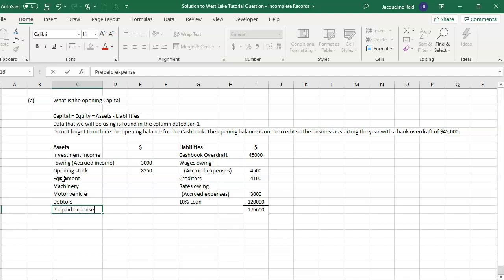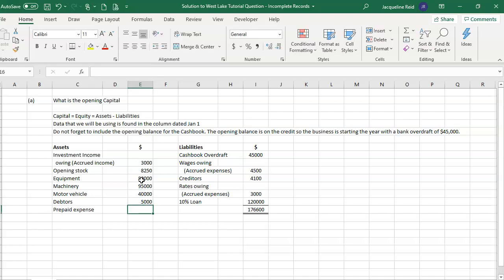So remember, if an accrued expense is a liability, then a prepaid expense must be an asset. And so we will list it under the listing of assets. Let me put in the figures quickly. Equipment, 80,000. Machinery, 95,000. Motor vehicle, 40,000. Debtors, 5,000. And prepaid expenses, 4,600.